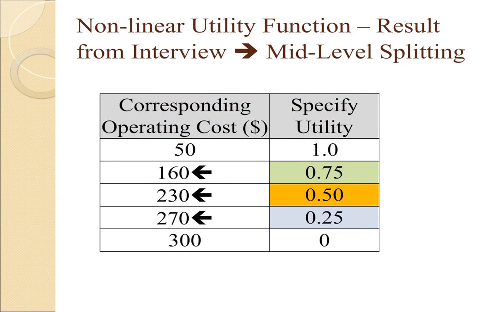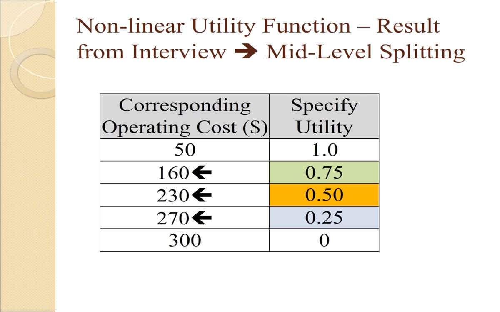Okay, so this is a table that would reflect what we may have found after we've done an interview. The utility of 1 is assigned to $50, the utility of 0 to $300. In this particular case, that's a range of 250. 175 would have been the midpoint. The question is, where do I really believe the midpoint is in the utility function?